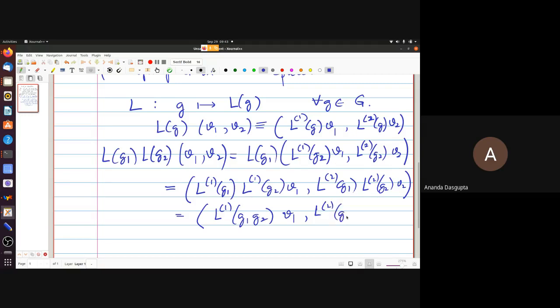The same follows for L2 as well. And that, of course, is L G1 G2 acting on V1, V2. Now, since this is true for all V1, V2, it follows that LG1 LG2, the way we have defined L to be, obeys L of G1 G2. So L really is a representation.